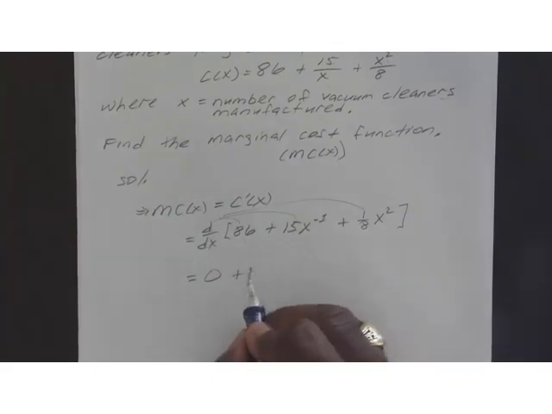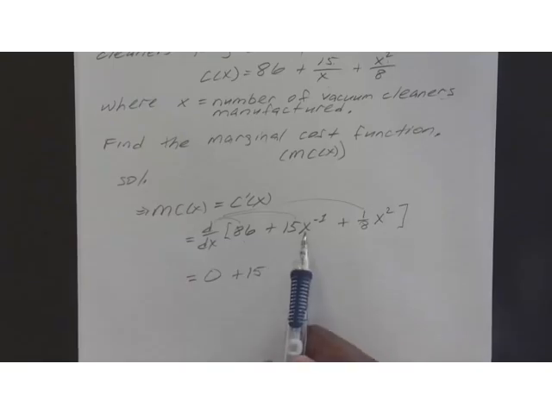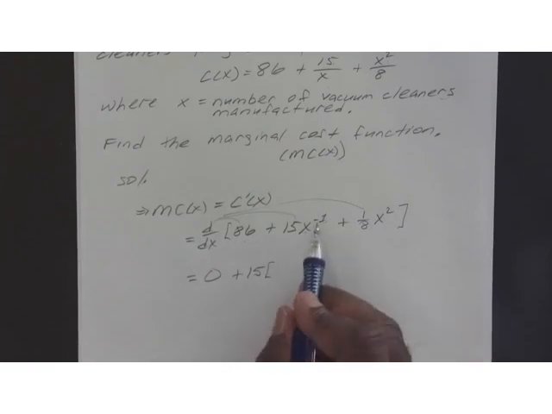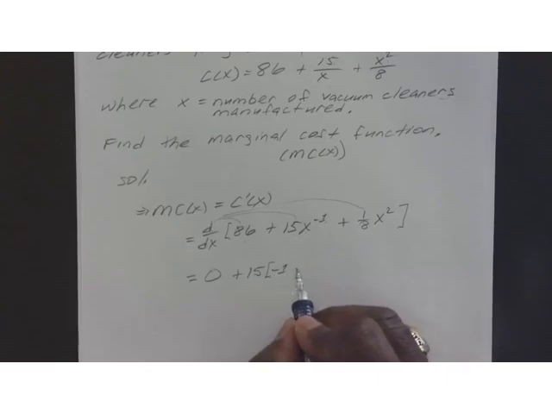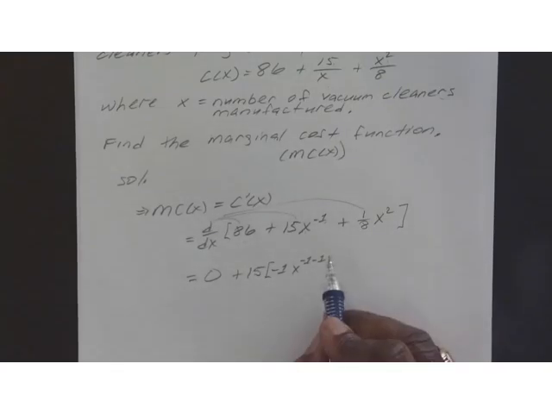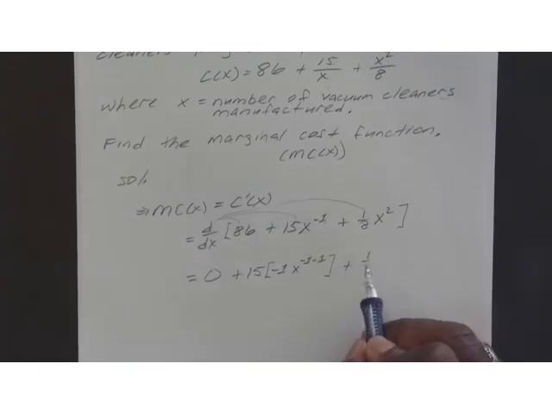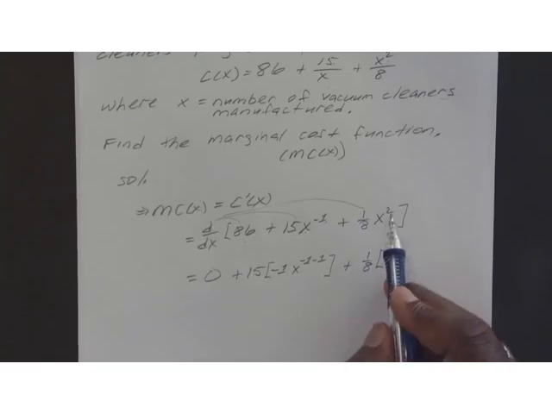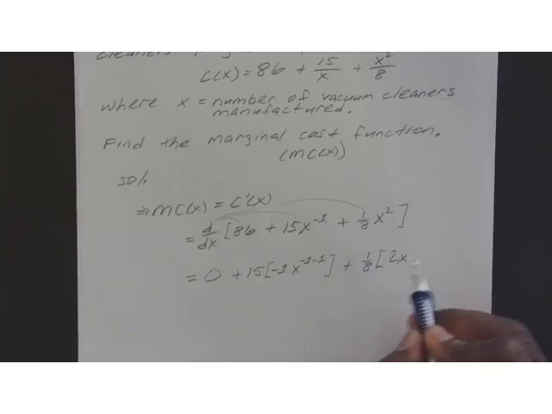Plus 15 times the derivative of X to the power of negative 1. Using the power rule, we bring down the negative 1. And we subtract 1. So that's negative 1 minus 1. Plus 1/8 times the derivative of X squared, which is 2X.